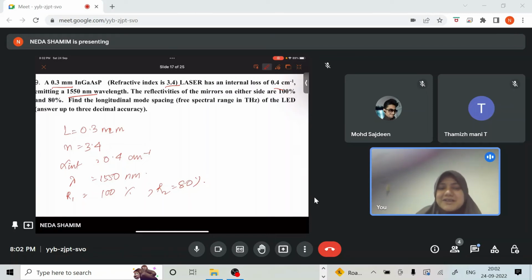This is very simple. We had done it in the past two classes. What do you mean by this? The spacing between two modes, right? In a laser, there is oscillation. This is my laser. My light is going, but there is an oscillation of this, so that there will be an amplification.